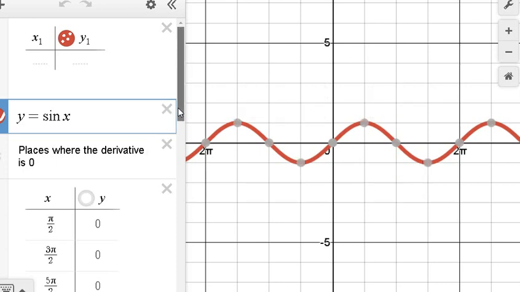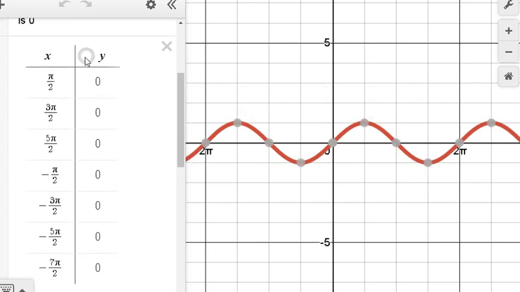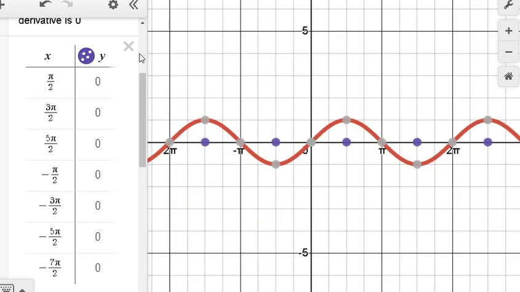So, tell you what, let's light them up. At all those points, the derivative is 0. I'll give you a minute to convince yourself of that. Those are going to be places where the derivative is 0. Yeah, horizontal tangent line, that's the easy one. Now, the other possibility that I want us to think about is places where the derivative is 1 or negative 1.